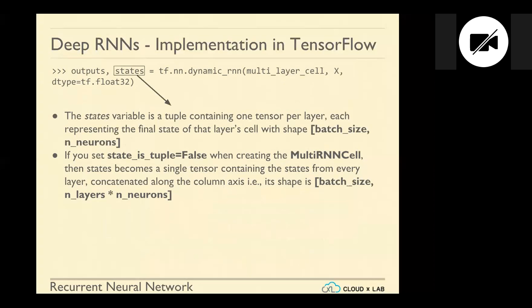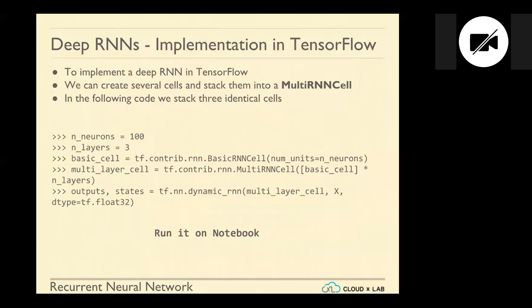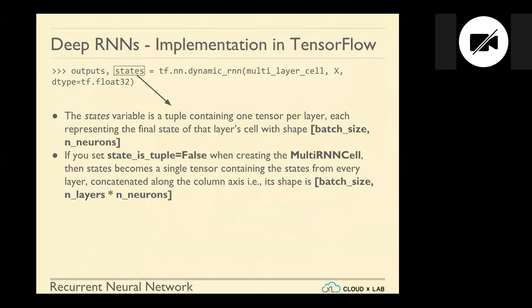So when we call dynamic RNN, we are going to get outputs as well as states. Now, the states variable is a tuple containing one tensor per layer, each representing the final state of that layer's cell with the shape batch size by number of neurons.